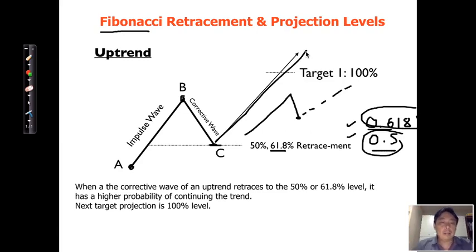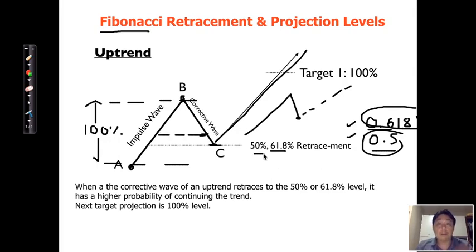All right? So if you think about the distance from A to B, if you can imagine that this is 100%, the distance of A to B is 100%. If it corrects, if it comes down by half, it is the 50% level.